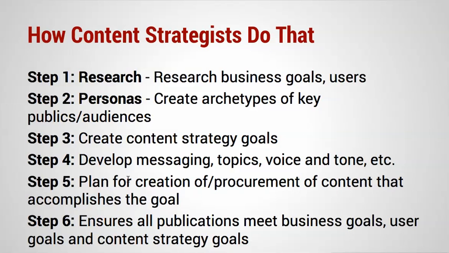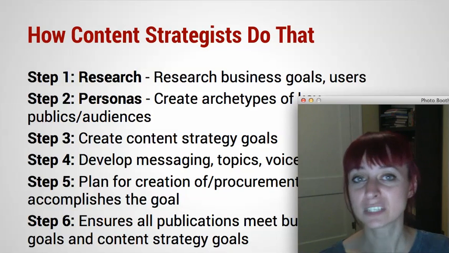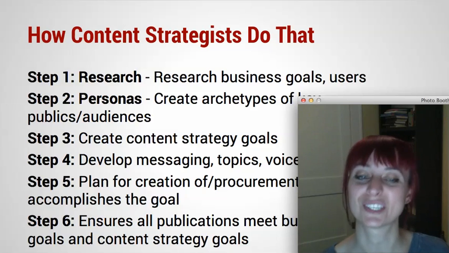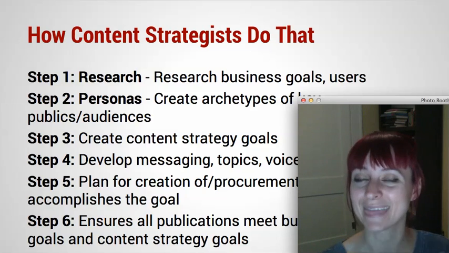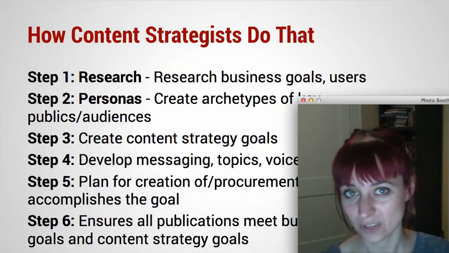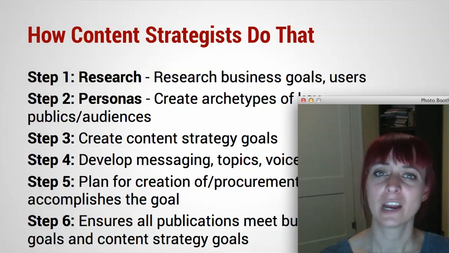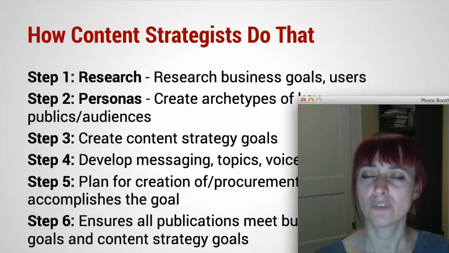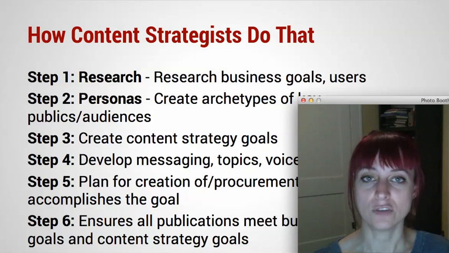Then you're going to create what's called personas, which you'll read about in your textbook, which are archetypes of key publics or audiences. So you take everything you know about your audience, and instead of just making charts and graphs that sort of describe them, you create a fictional person and you tell their story, and that describes your typical buyer. So instead of saying, our typical buyer is demographically 48 years old, lives in the suburbs, no, you make Nancy Crone and you give her an age.